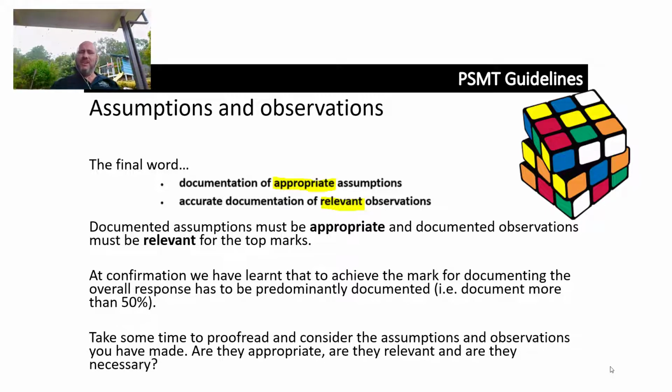We can't really provide you a numerical value. We tend to find, depending on the context and the task, different tasks require different numbers of assumptions and observations. So we're never going to provide you with that exact number that you need to reach. What we are looking for is reasonable coverage of the main ideas. So just keep an eye on that and keep that thought process going.